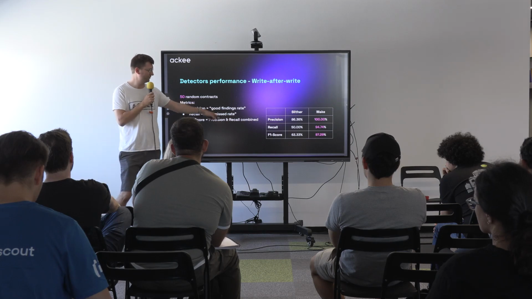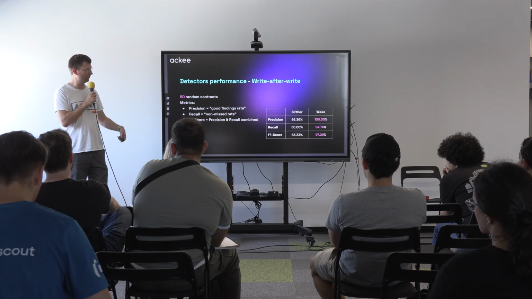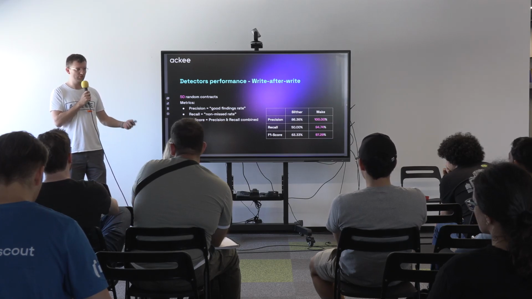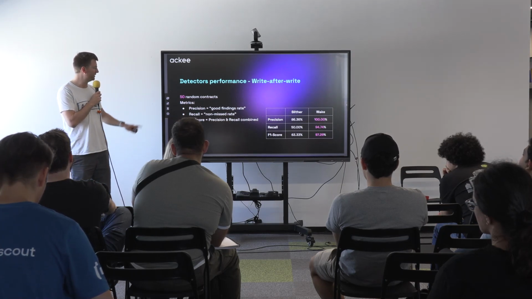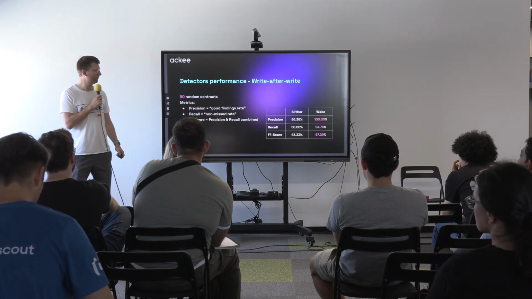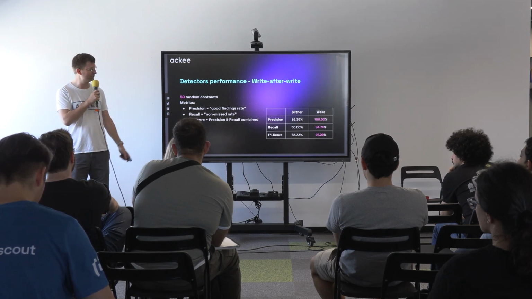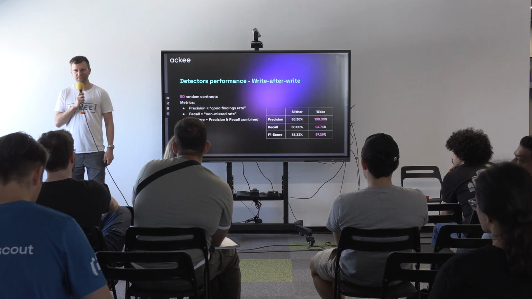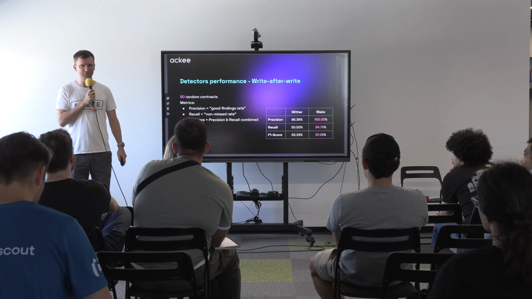Not that much on the recall, which is the number of detected issues out of all issues. You can combine these two metrics in something called F1 score. So in this benchmark, we were kind of lucky, but of course it's a very small benchmark. We will be happy to have some kind of unified benchmark suite so the analyzers could be compared against each other, but maybe that's a step for the future.